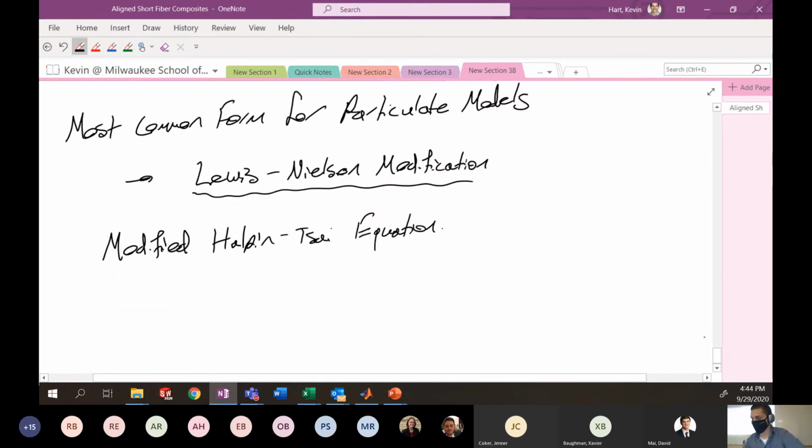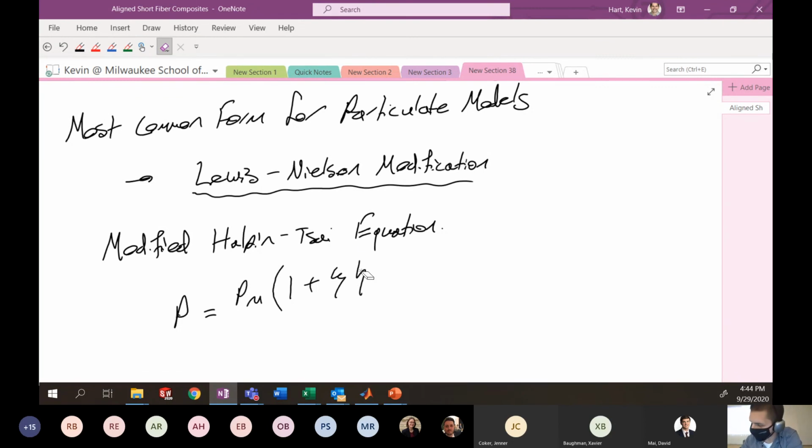Here's the form. The property of your particulate composite is the property of the matrix multiplied by 1 plus xi, eta, and let's be specific here. Let's make some subscripts.